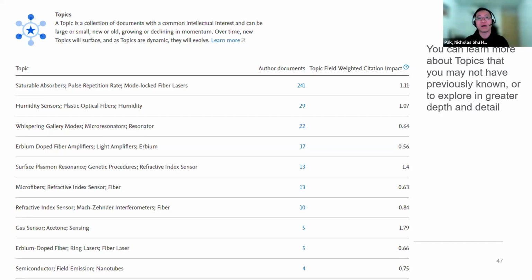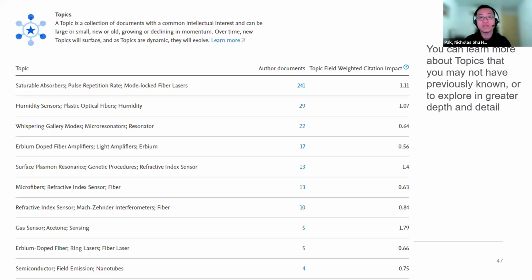So if you want to find out about how prominent this particular author's work in these particular topics are, you can look at the field-weighted citation and identify which are the ones that have huge number of documents, which are the ones where the FWCI is higher than 1. So in this case, in terms of saturable absorbers, Prof. Harun has about 241 documents with an FWCI of 11% higher than the global average. And this is something that you might be interested in, you might want to follow.